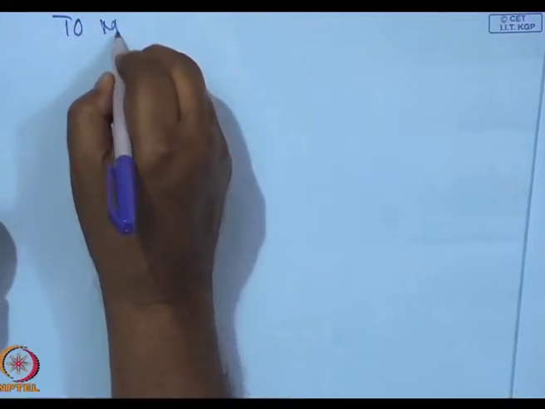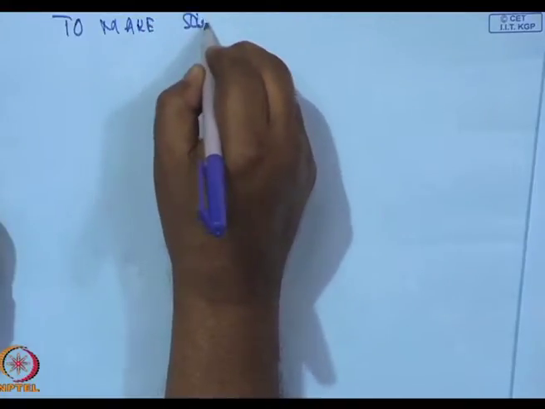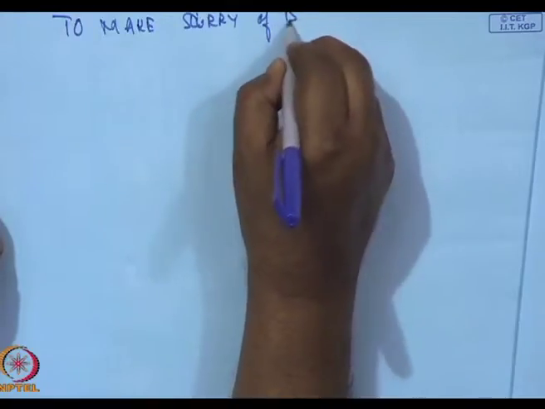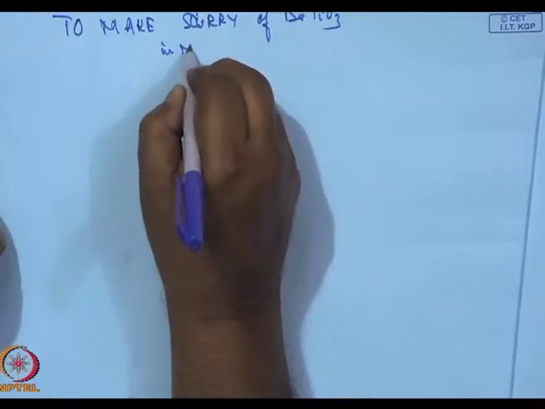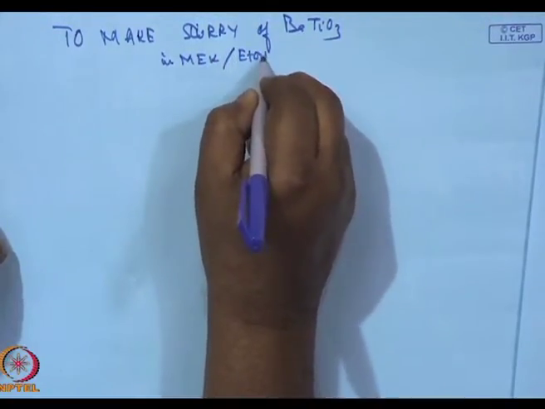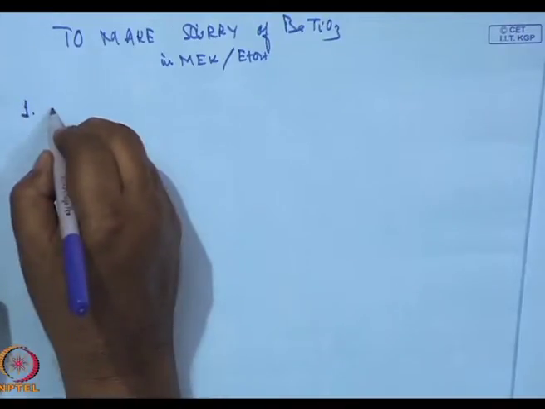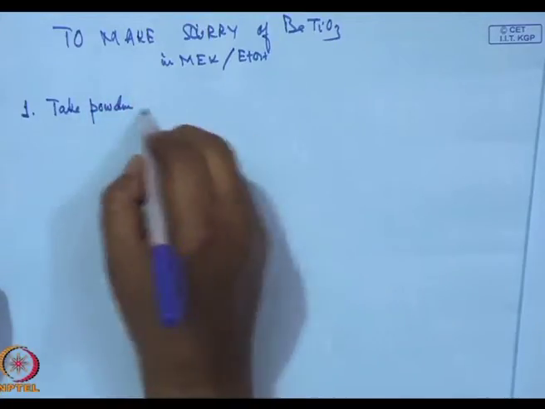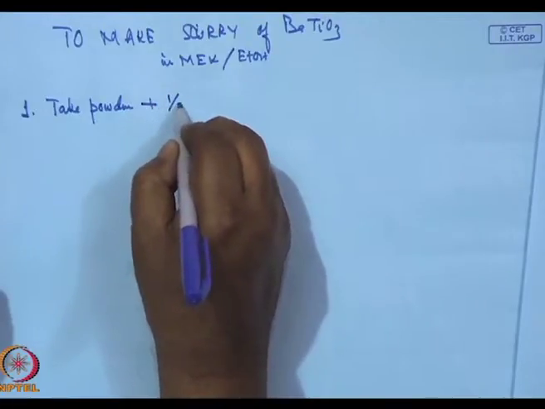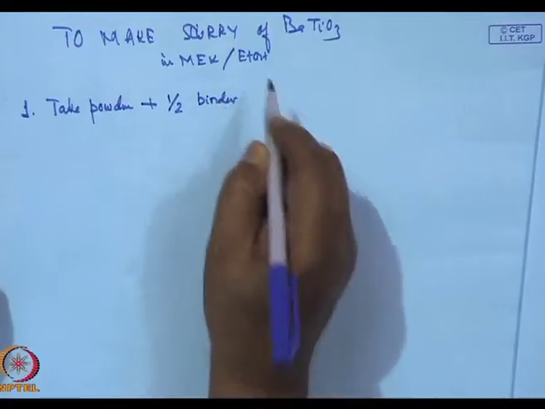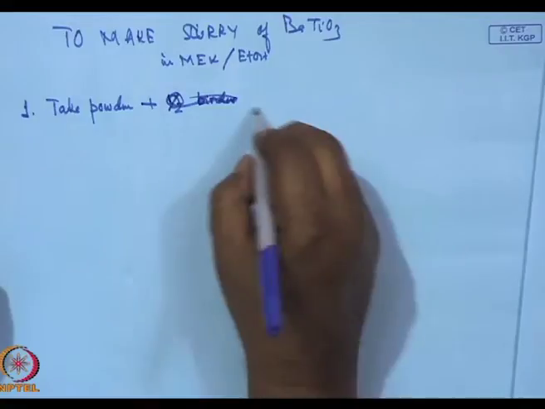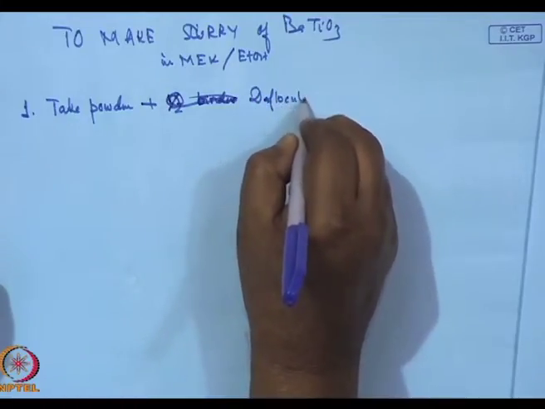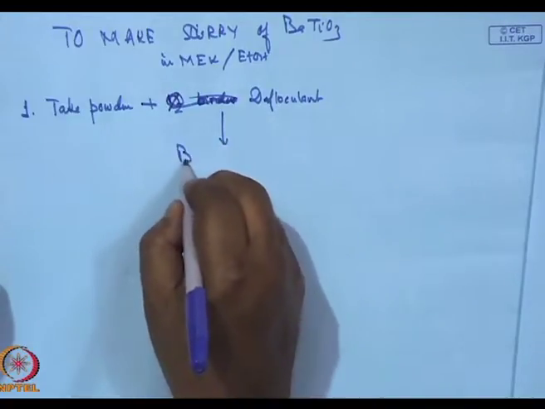It is just not that everything is mixed together. So, the very first step to make slurry of barium titanate in MEK ethyl alcohol water mixture, I would take the powder, add the deflocculant over here and ball mill.